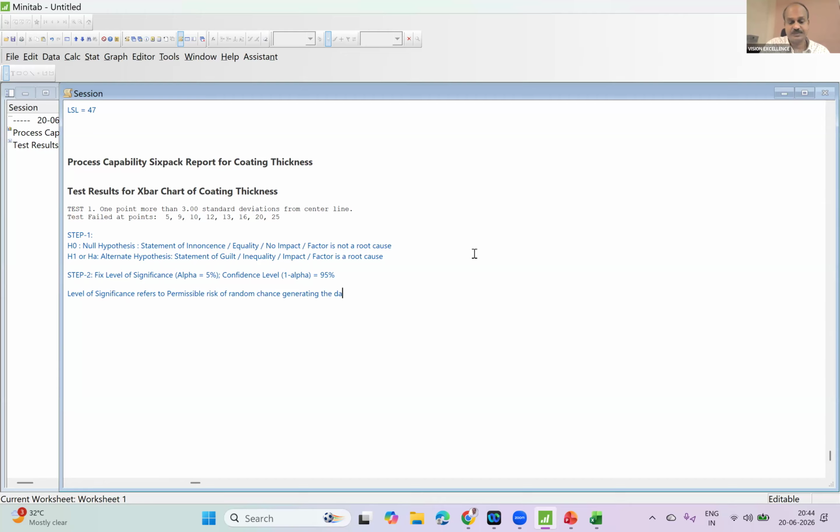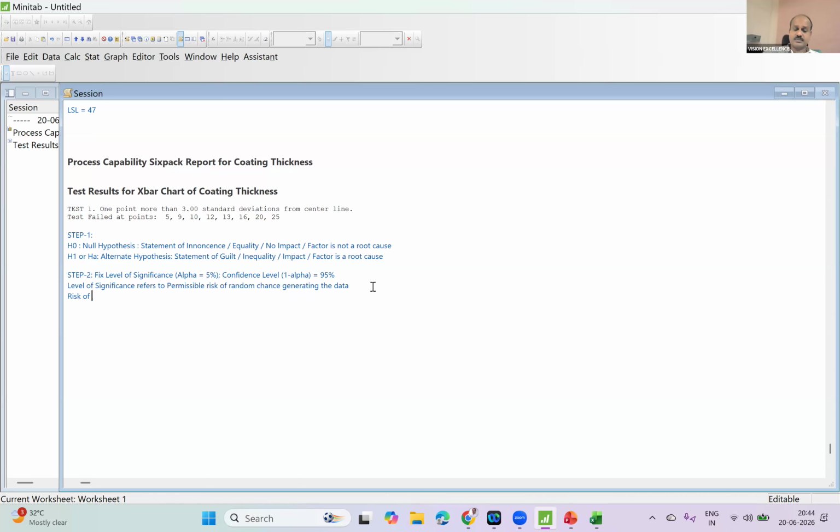Do you understand, all of you? Do you understand the meaning, or has this already been taught to you? If you already know some better way, you can let me know. Level of significance refers to the permissible risk of random chance generating the data.